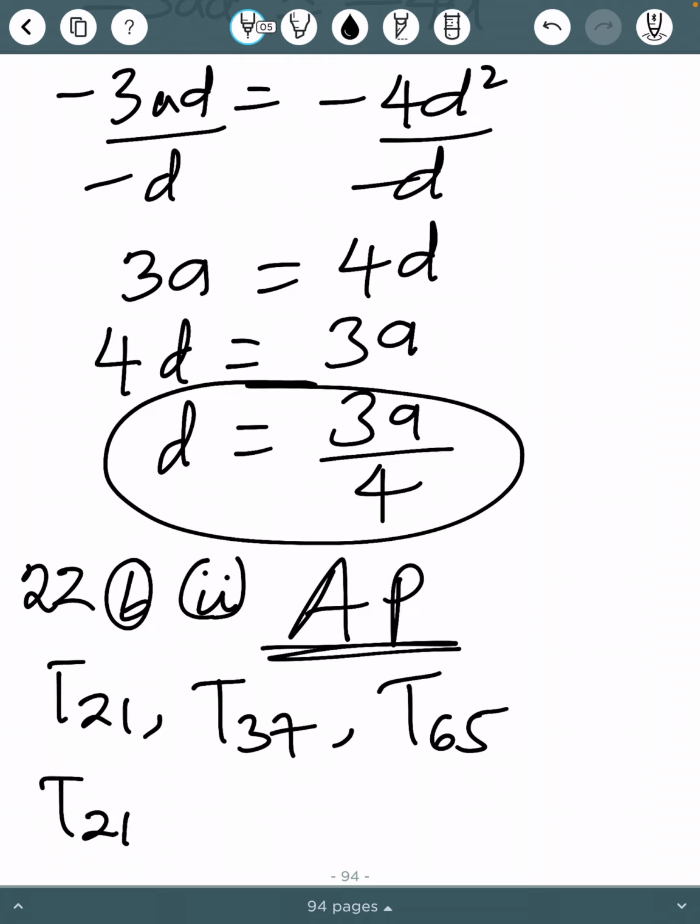Now, what is the 21st term of this AP? The 21st term will be a plus 20d. That will give me T21 is a plus 20d.